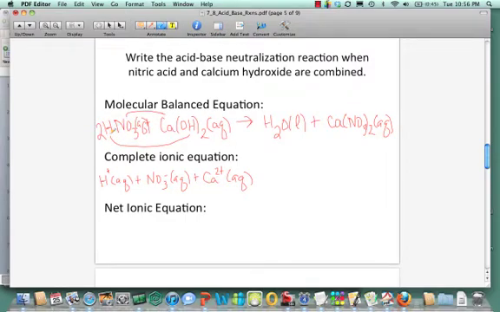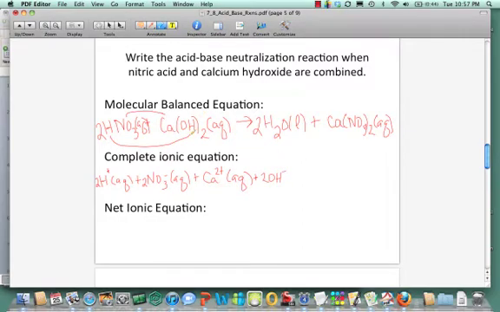So that gives us 2 hydrogens, 2 hydrogens, oh, 4 hydrogens. So we need a 2 here to give us 2 oxygens, and now it's balanced. So that means that we need to squeeze a 2 in right here, and a 2 right here. And we've got 2 hydroxide ions.